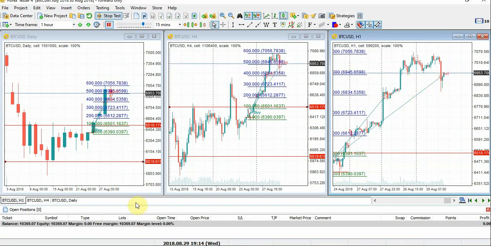That's not bad. So we're basically at the end of August too. Apparently it was a difficult moment to trade Bitcoin, but we've come out between July and August with a 3.7% return.